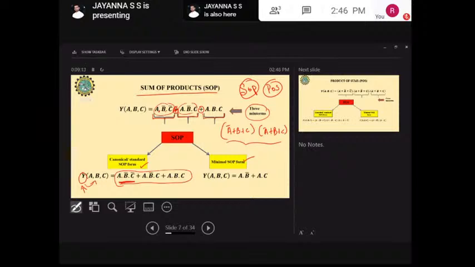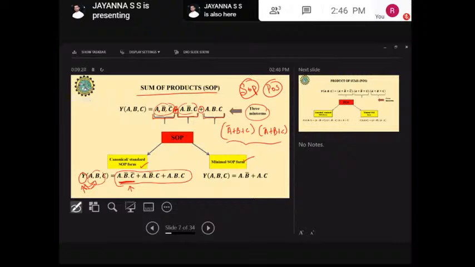It may be in normal form or complemented form, but it should contain all the variables on which the output depends. Here, A B bar C, A B C.